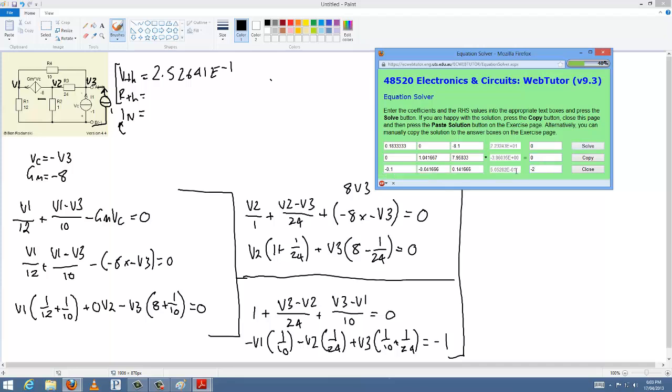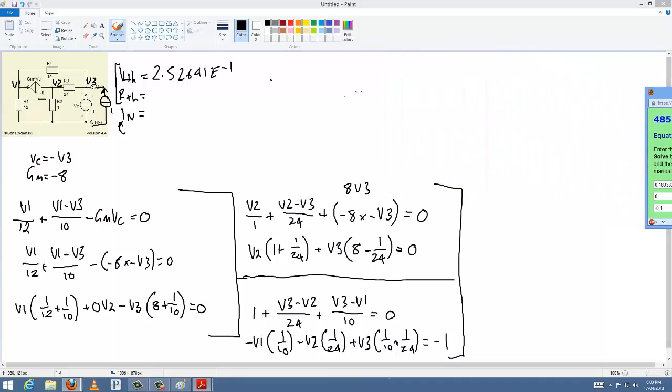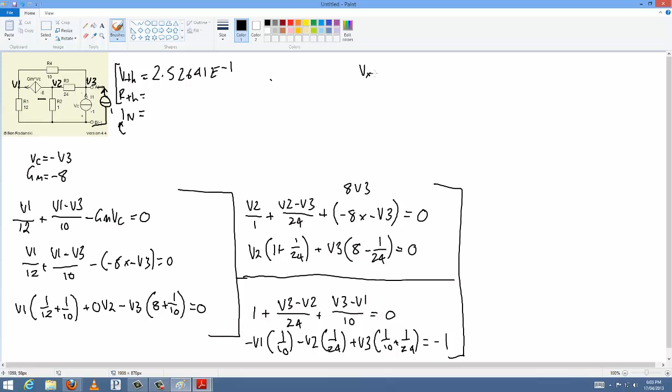Solving again, we get a value for, let's just call it Vx equals 5.0528 E -1, which is just 0.50528.